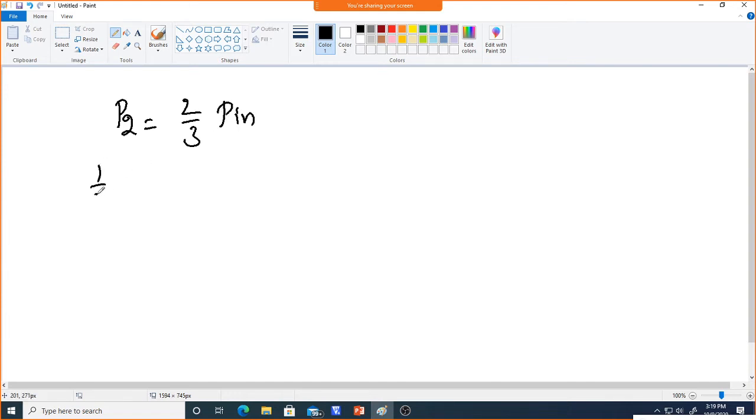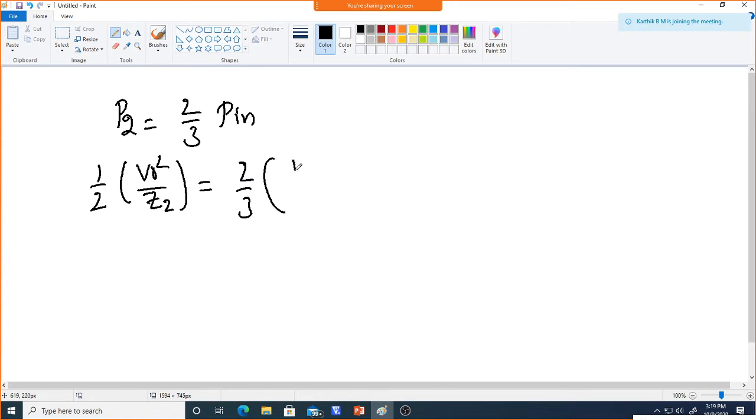P2 we know in terms of Z2, so that is 1 over 2 into V0 square by Z2, which is equal to 2 by 3 times of half V0 square by Z0. So this will cancel each other and this will cancel each other.